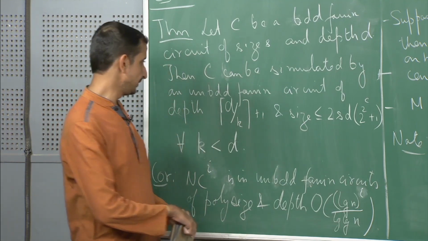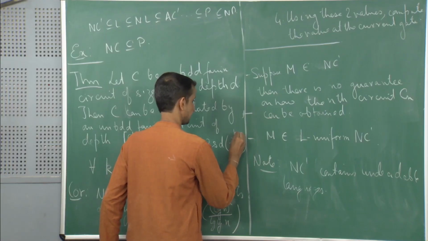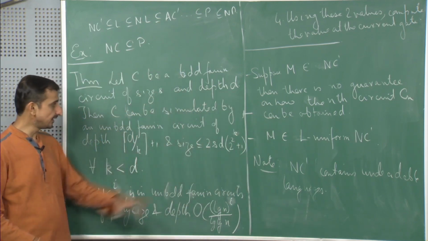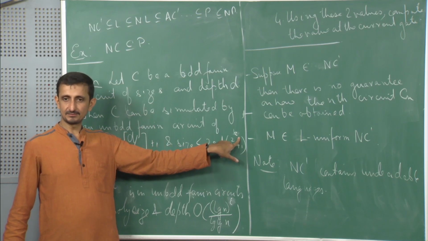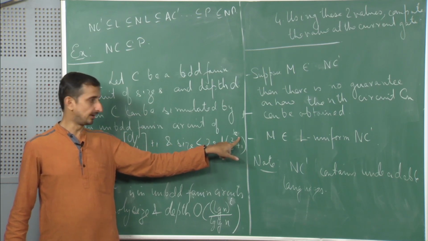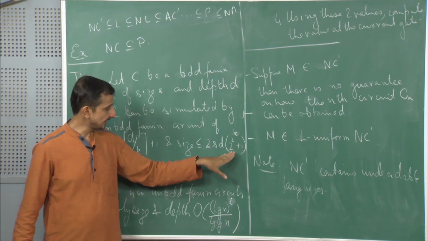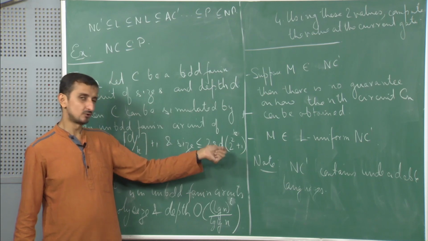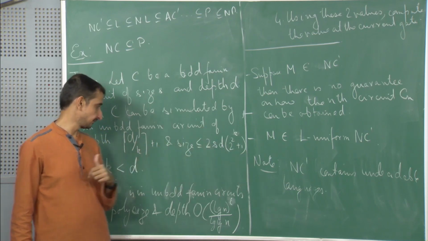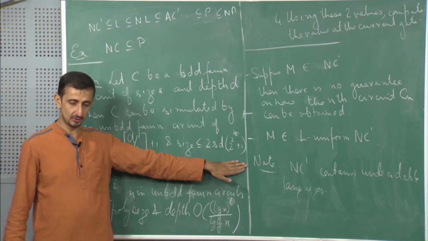If I choose K to be log n, then I have 2 to the power 2 to the power K. What is that? 2 to the power K is n, since 2 to the power log n is n. So, then I have 2 to the power n plus 1, S is of course polynomial, depth is bounded by a polynomial, so the size is bounded by a polynomial.